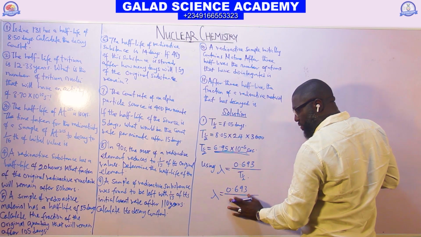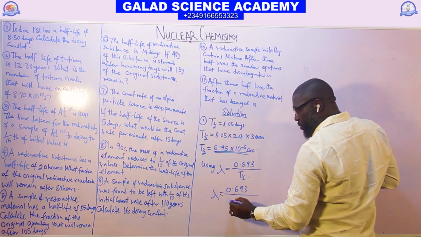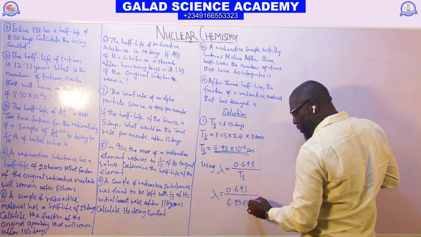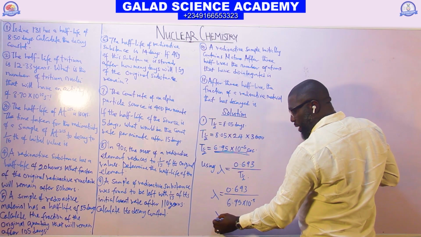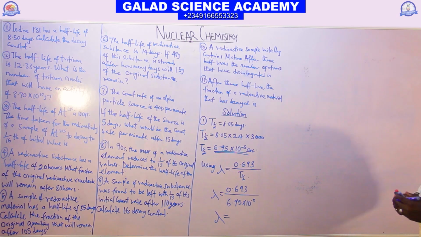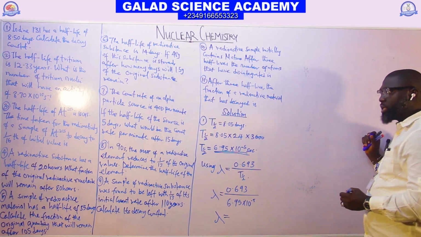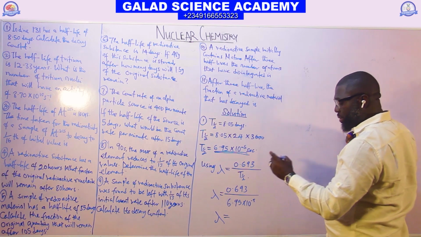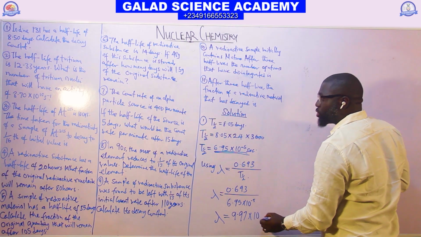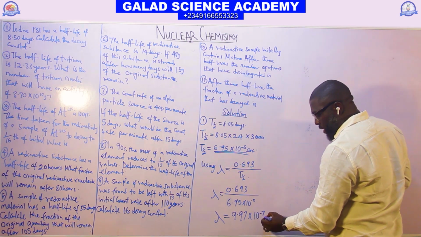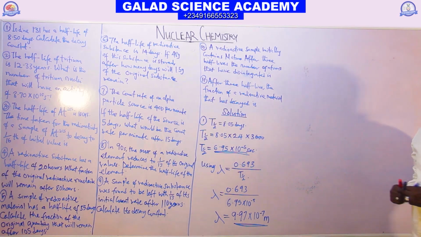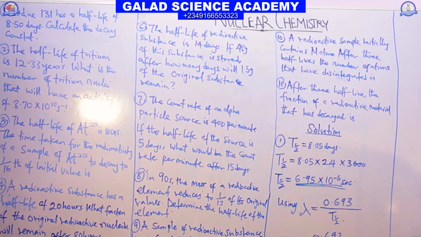The half-life given is 6.95 times 10 raised to the power 5. By pressing the calculator, the final answer here will be 9.97 times 10 raised to the power minus 7 per second. So this is the decay constant.